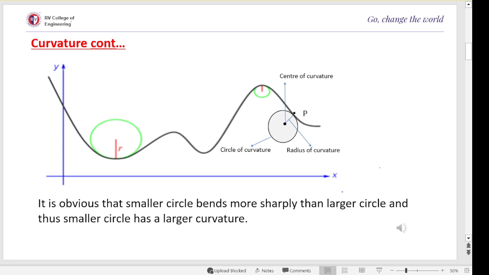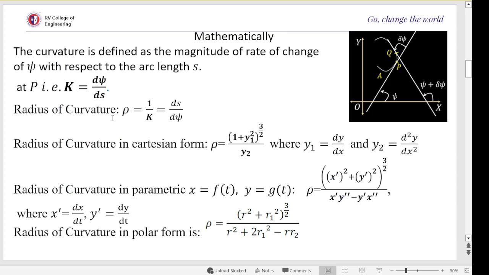Now, let us analyze mathematically. Mathematically, the curvature is defined as the magnitude of rate of change of psi with respect to the arc length s. That is, at P, curvature is denoted as kappa and is defined as d psi by ds, where d psi is the angle between the corresponding tangents at the points P and Q, and ds is the length of the element PQ.